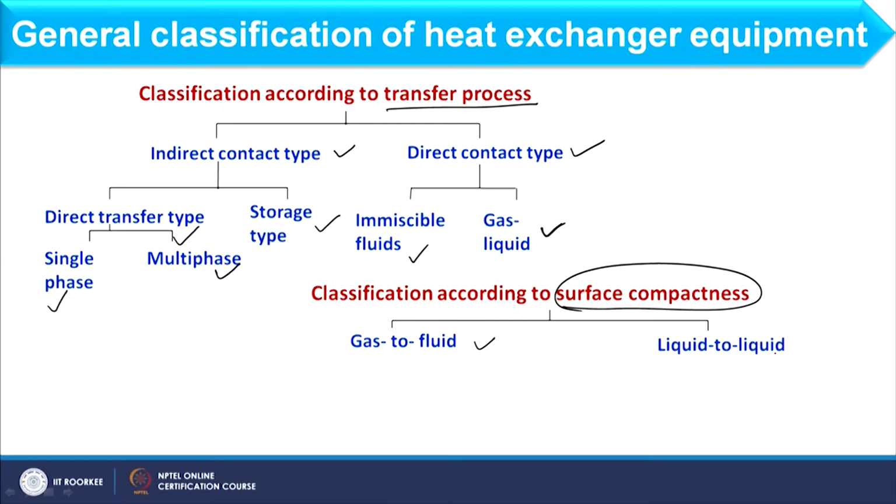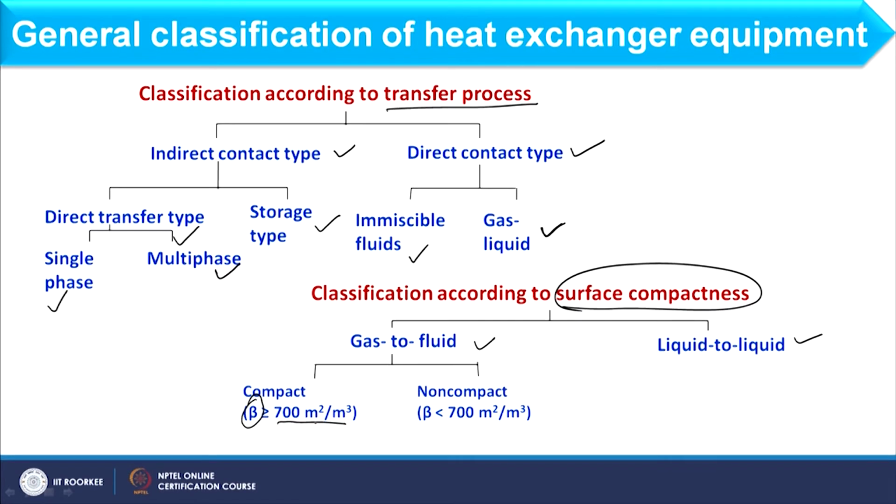In that category, we further have gas to fluid and liquid to liquid. When I am focusing on gas to fluid, we can have compactness as more than 700. So, surface compactness we are representing with the factor beta, and if it is more than 700 meter square per meter cube, meter square means what?